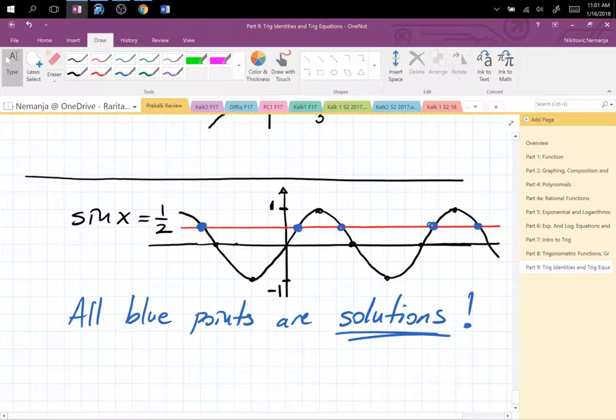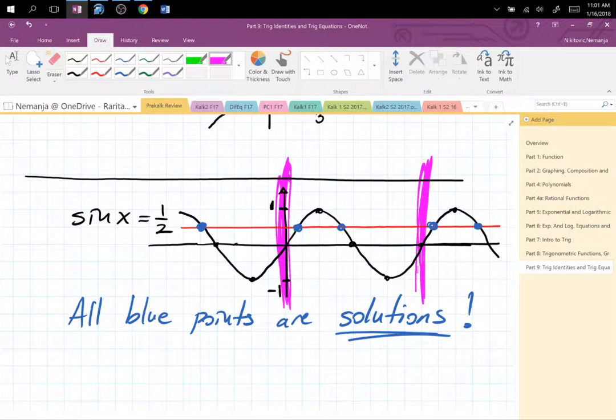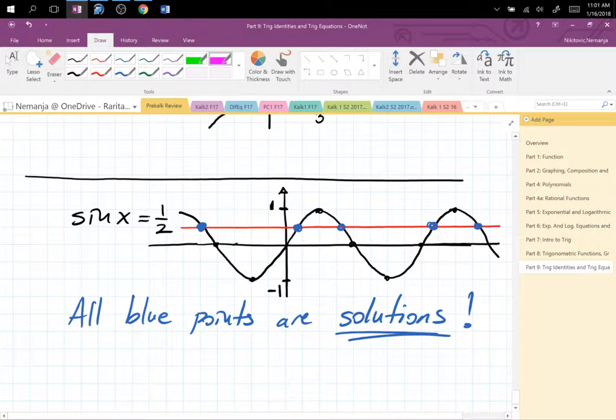Now clearly, if I limit my sine graph from 0 to 2 pi, I'm going to have two solutions only. I have two blue dots on 0 to 2 pi. But if I do not limit this, I have infinitely many. And we have mathematical representation for restricted domains and for the entire thing.